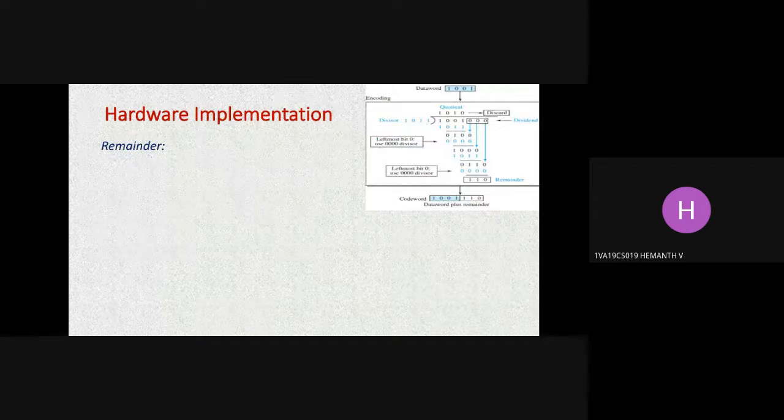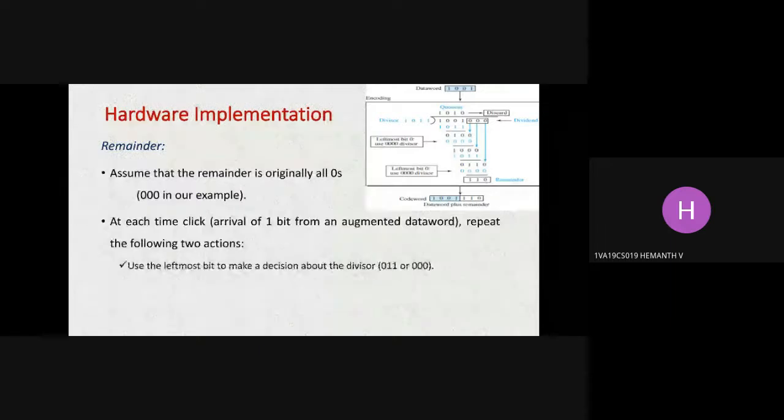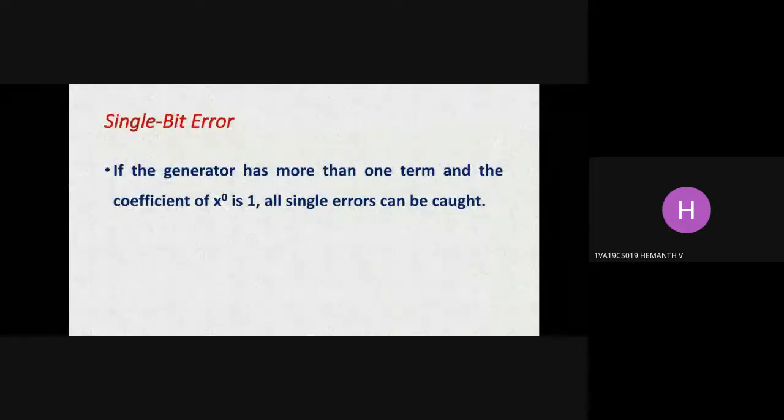Actually, today we'll start with a few problems, errors that can be detected using a proper generator. What is a generator?